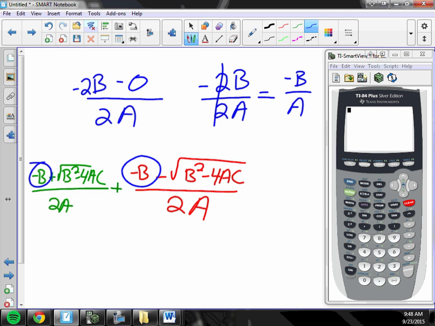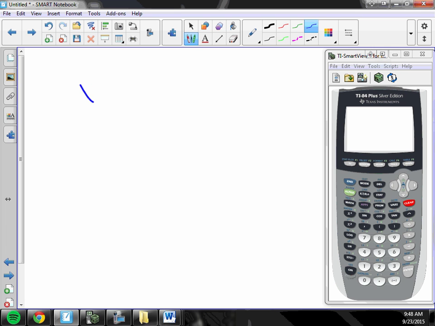But here's what it means. Let's take x squared minus 6x plus 5.